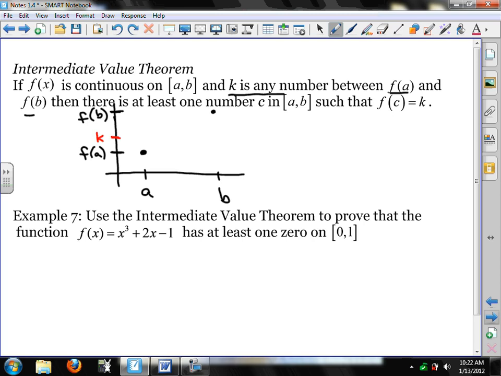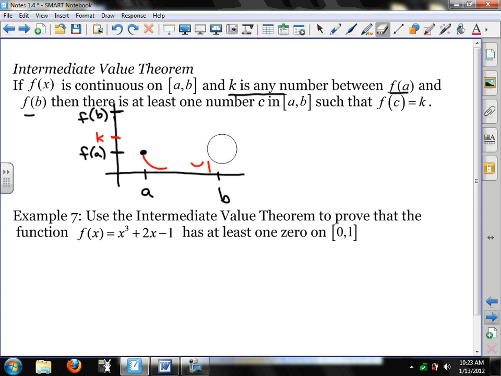If I have a continuous function, so I start at a and I end at b, it doesn't matter what it does. This theorem is saying that the x value k, or I'm sorry, the y value k has to have an x value somewhere in between a and b. All right. This only works for a continuous function.